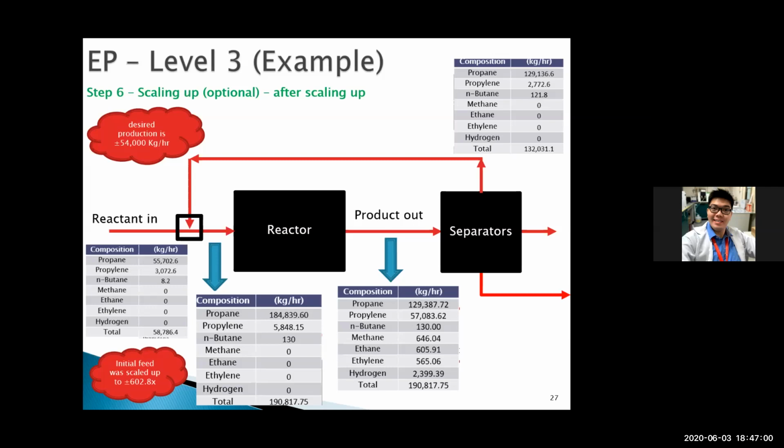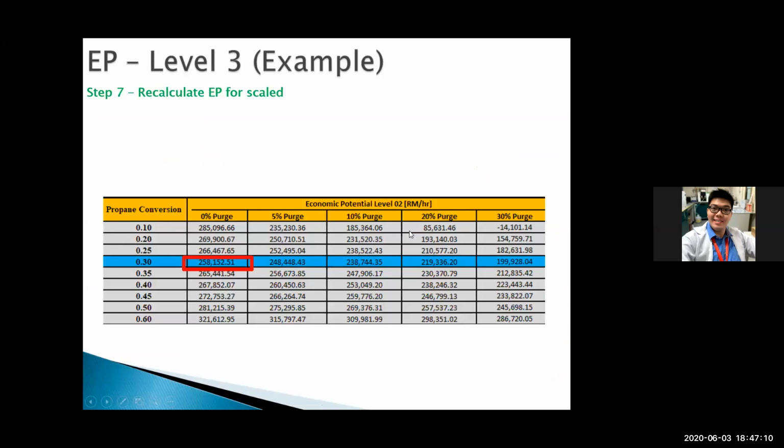Because if not, it will make the other unit operation not tally. So with this, EP level 3 is done. You can also optionally perform the EP calculation after you scaled up your process. So these are the economic potential for my process.